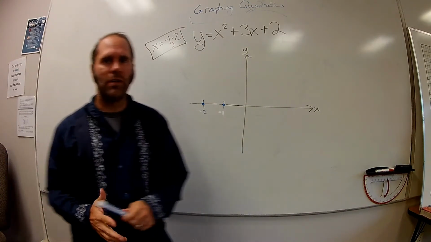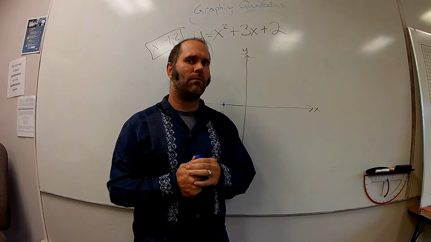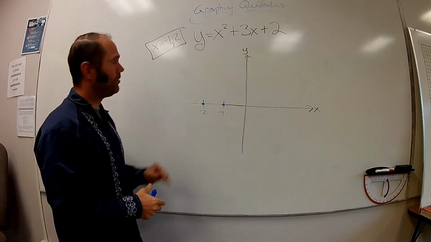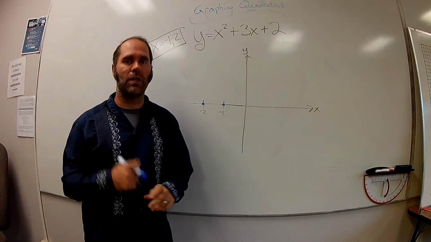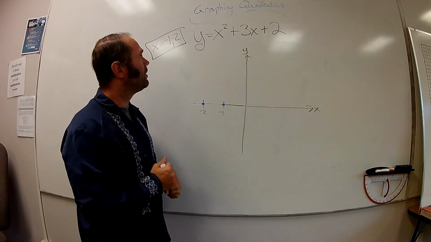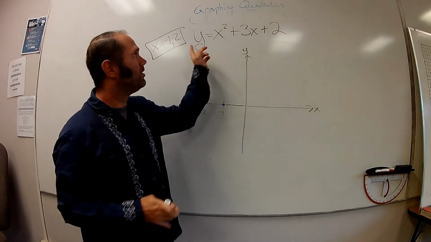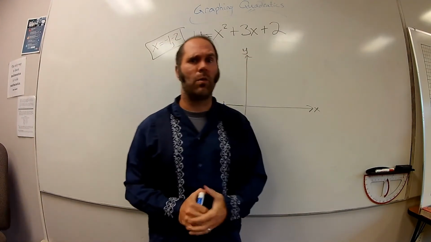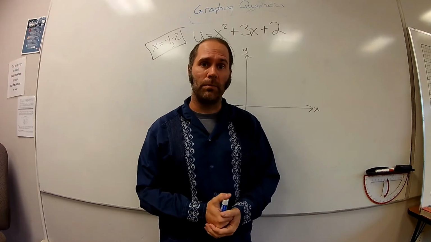Now the question is, can we find the vertex? The vertex. So in this case, since we found the two solutions, we can find the vertex without having to get this into vertex form. So we can bypass the need for completing the square on this problem.